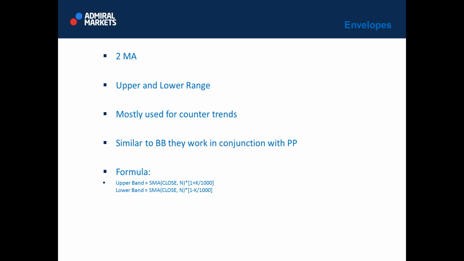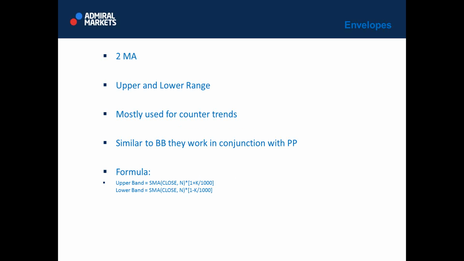EMA is exponential moving average, and being exponential, it means it's more sensitive, and that is why Keltner channels might be good also for scalping.